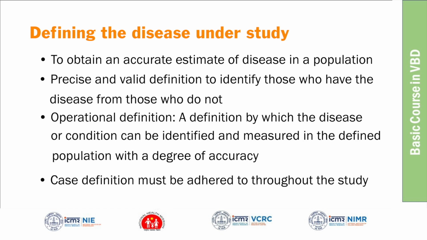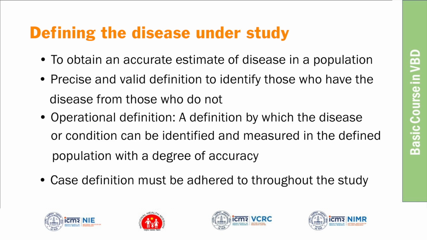So that disease definition should be precise and valid to identify those who have the disease from those who do not. If I don't have any clarity about my operational definition, about which condition and outcome I'm interested in, I cannot differentiate between the diseased person and those who do not have the disease.